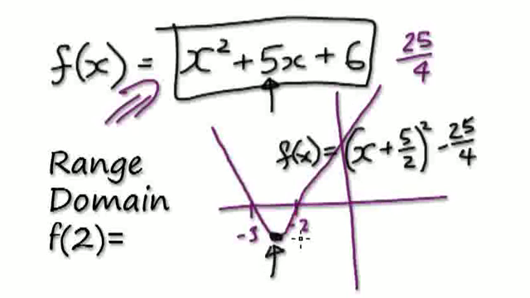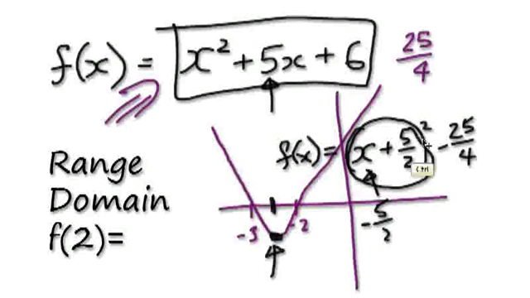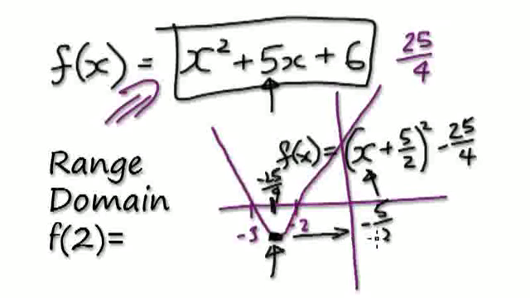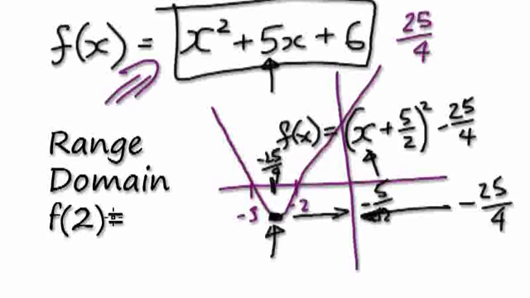Now the lowest possible value is when you put negative 5 over 2 in here. When you put negative 5 over 2 in here, this whole bracket would be 0, and 0 squared is 0. So the x value here will be minus 5 over 2, and the lowest possible value that this thing could be is minus 25 over 4.